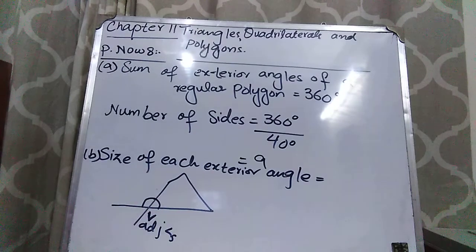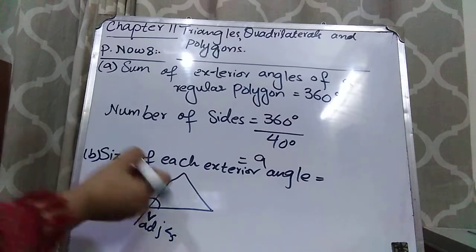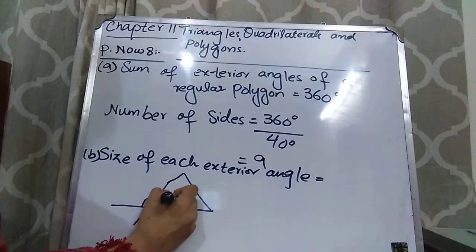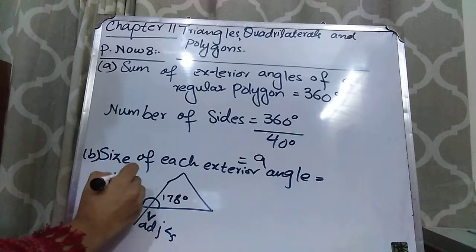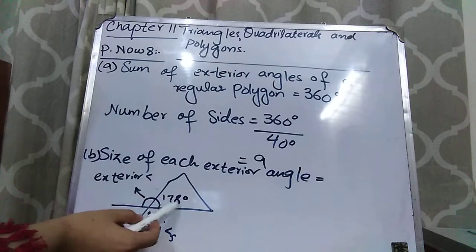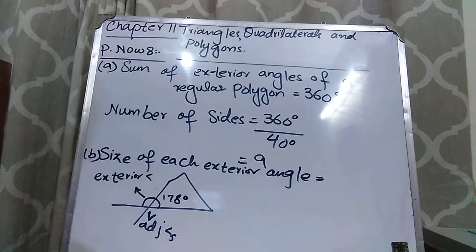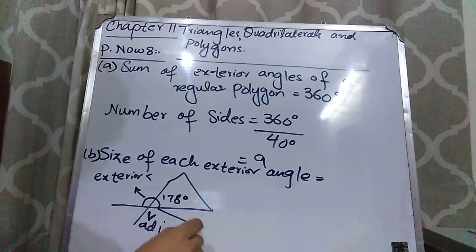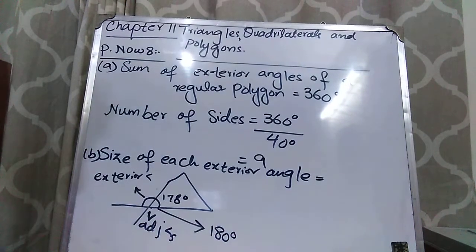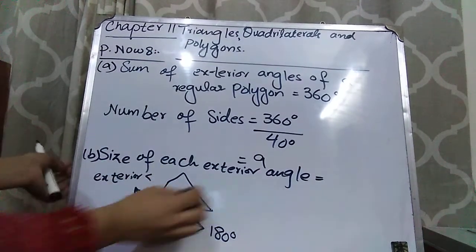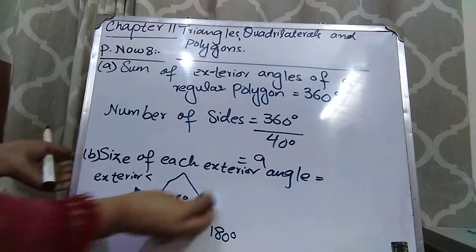So if interior angle is given, let's suppose that is given 178 degree, you can find out this exterior angle by subtracting this interior angle from 180, because you know that adjacent angles on a straight line are equal to 180. So these two angles are equal to 180 degree. So if you will subtract this interior angle from 180 degree, you will get this exterior angle. You have to remember this. Okay, then you can find out the size of each exterior angle. I hope that this concept is clear to you.